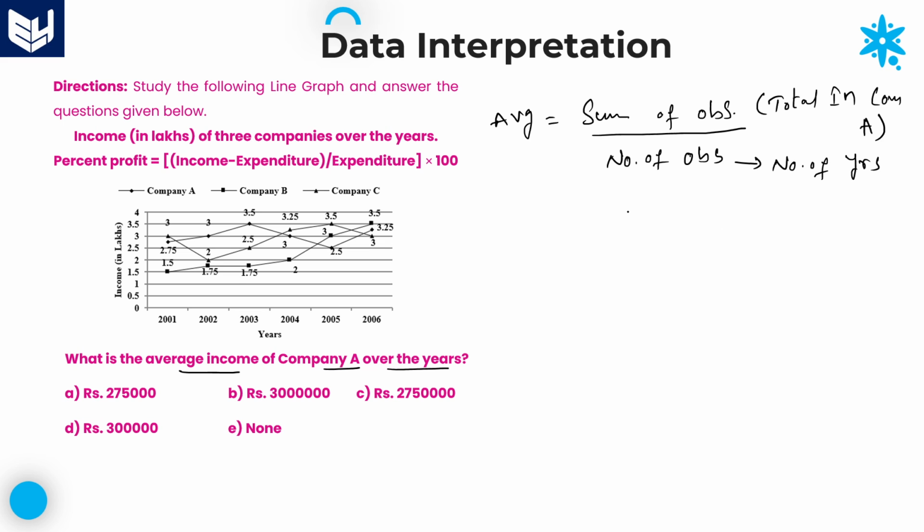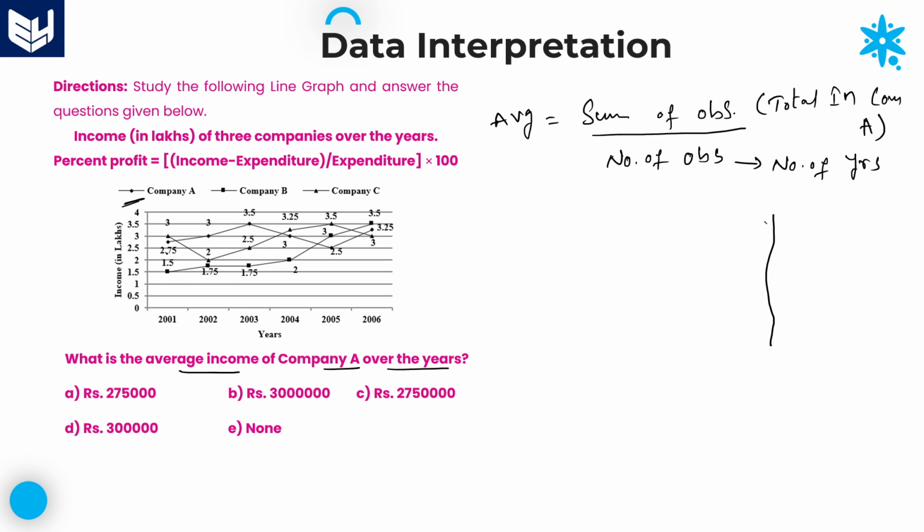Okay. Now, before going to the direct calculation of average, first we'll calculate the total income of company A for each and every year. Write down each and every year's company A value. Company A, first of all, I am just rounding off the values. Company A is the rhombus shape.